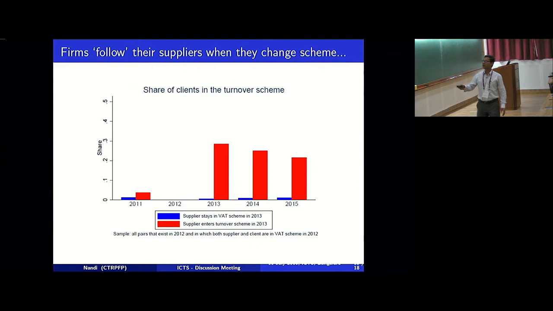So all the 30% of the VAT clients in this period actually moved to the turnover scheme in the next period because he has changed his tax scheme from VAT to turnover. So there is a kind of complementarity in the choice of tax scheme among the trading partners, and it's quite strong. They can change the tax scheme, but they don't change their trading partner. Okay, so it's quite sticky.